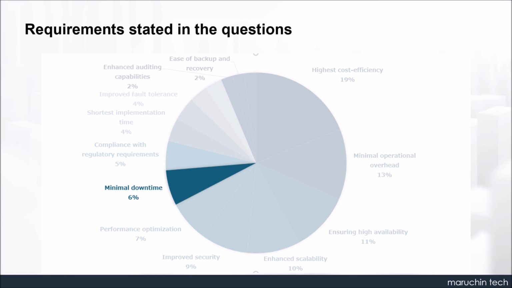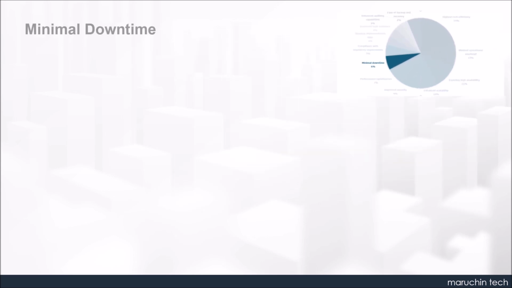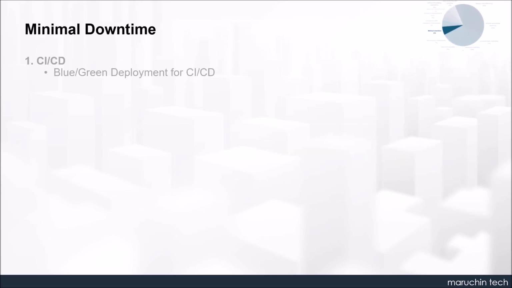Minimal downtime is crucial in the context of CI/CD, failover, and migration. In CI/CD, you can minimize the downtime by preparing a separate environment from the existing production environment and switching the traffic in a blue/green deployment.